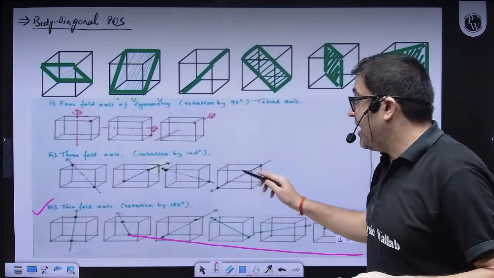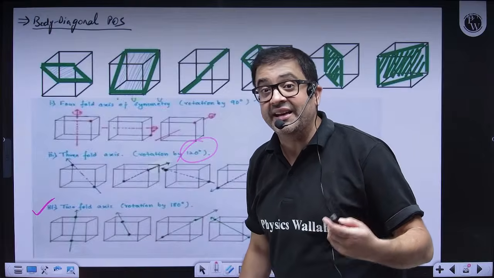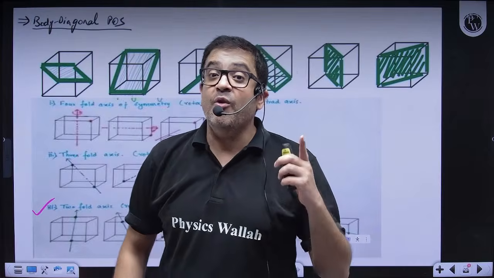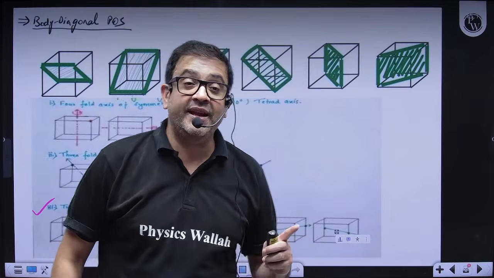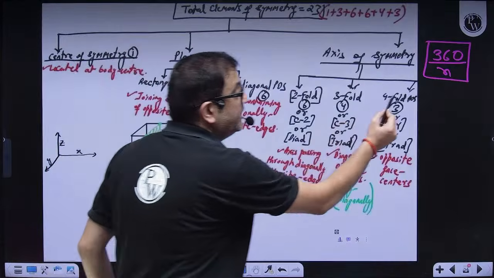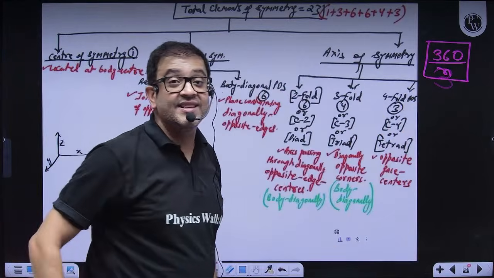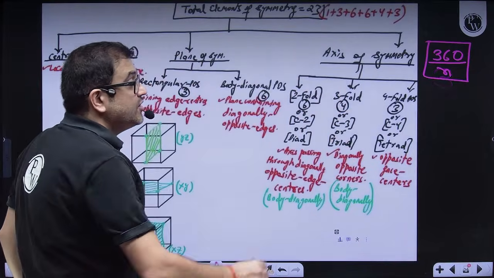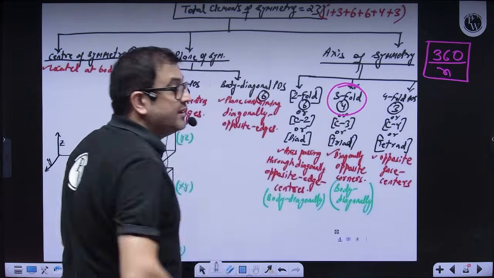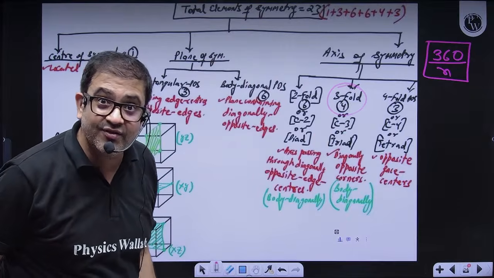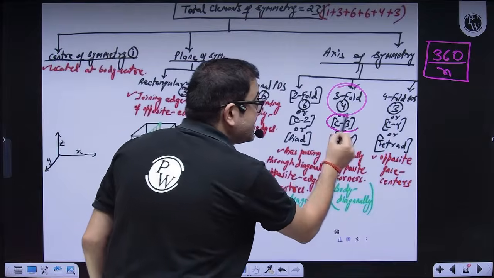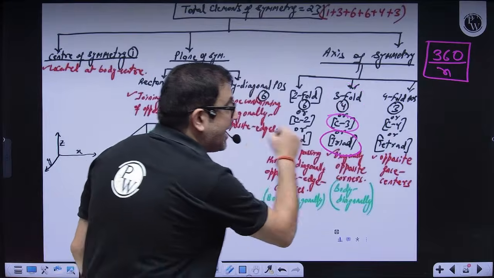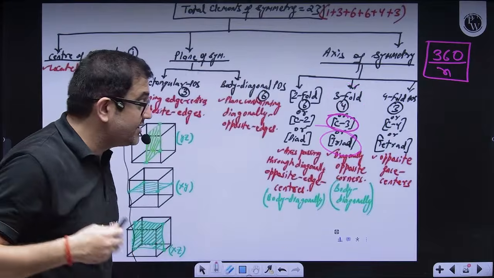Sir, if I am rotating by 120 degree and getting the same image, how are you obtaining 120 degree? Sir, when the value of n is 3, because 360 degree by 3 is 120 degree. So if n is 3, then this is termed as three-fold axis of symmetry, also known as C3, also known as triad axis of symmetry. So what is this axis?